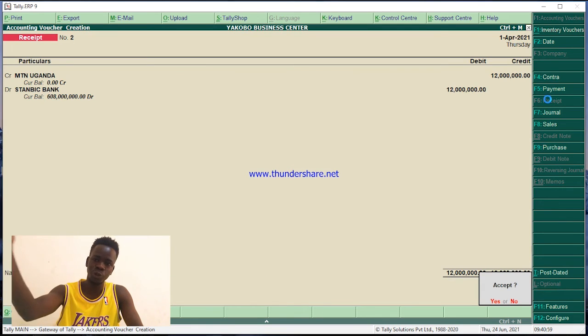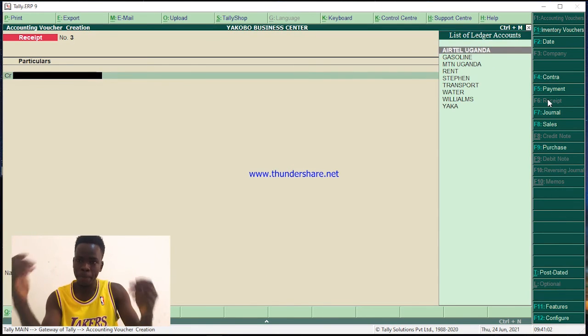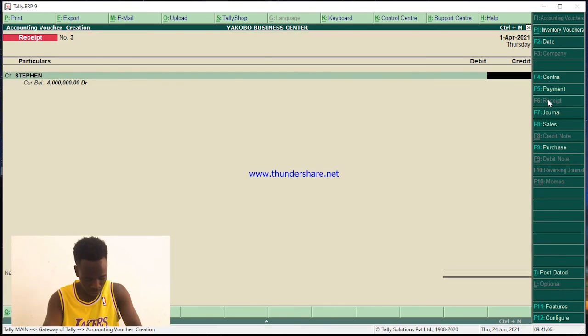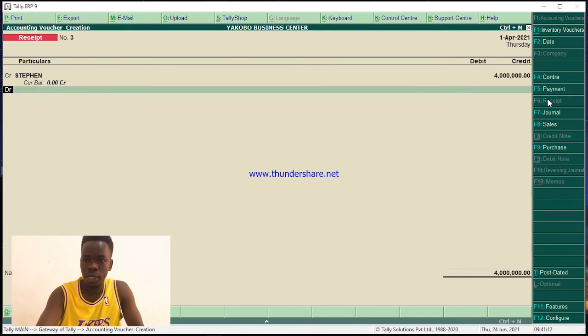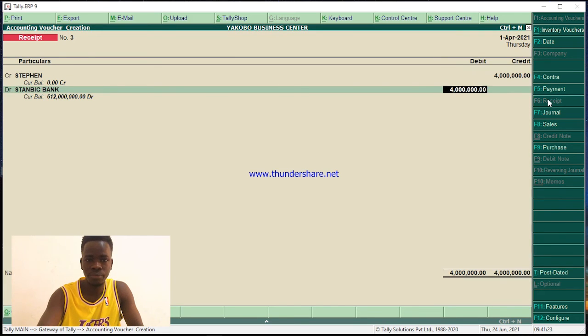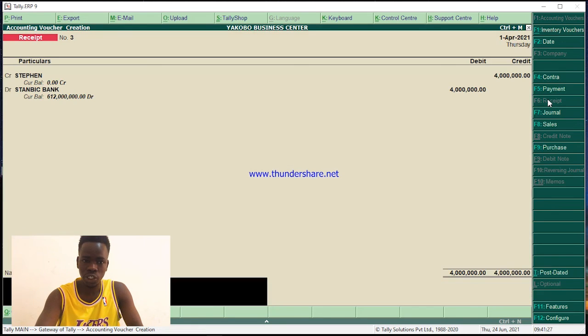So we are going to again receive a payment from Stephen. Stephen is paying us the amount of 4 million. So we are paying in our account in Stanbic Bank. So we accept the transaction.